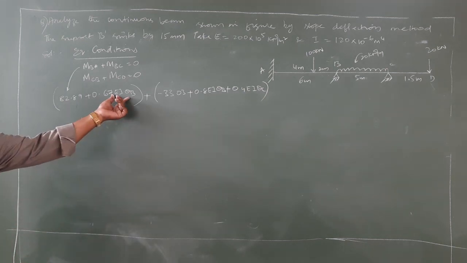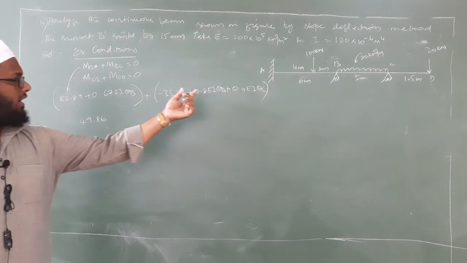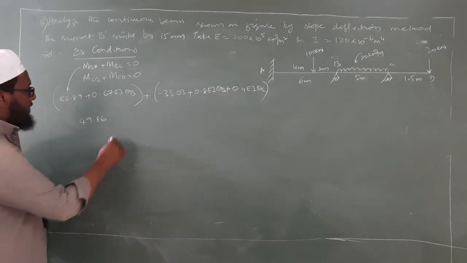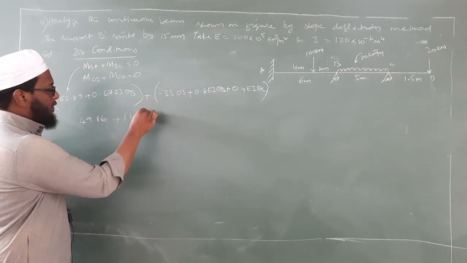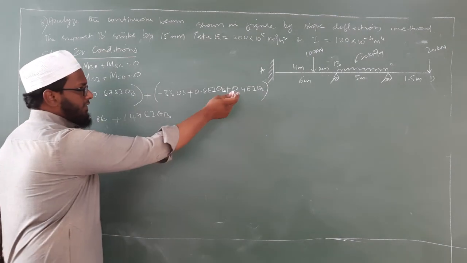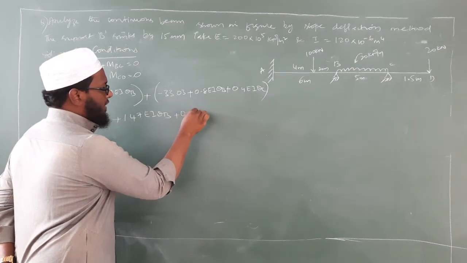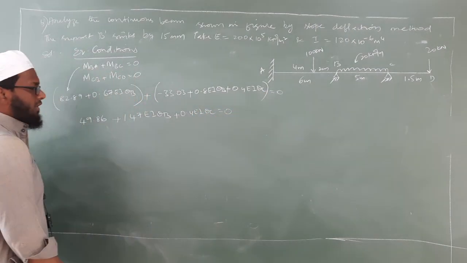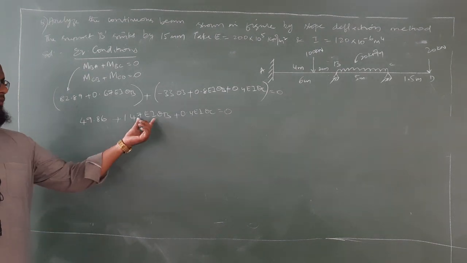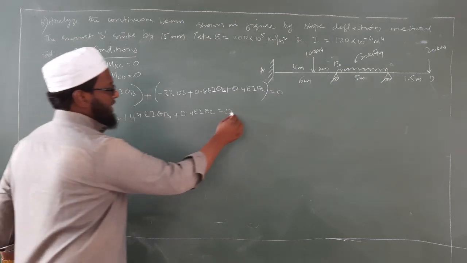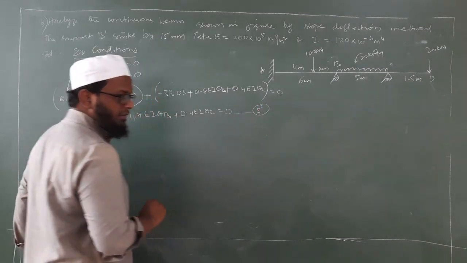Here we have EI theta B, here we have EI theta B. Add these two values, 0.67 plus 0.8, 1.47. Here we don't have any EI theta C here, and we have 0.4 EI theta C. Equal to 0 here. Okay. So now we have EI theta B and EI theta C. We got one equation. We'll name this equation as equation number 5.